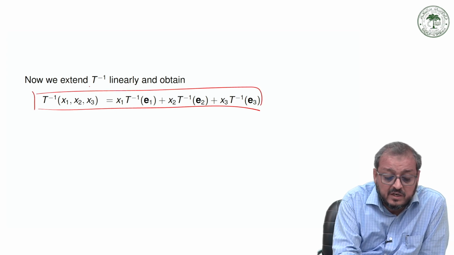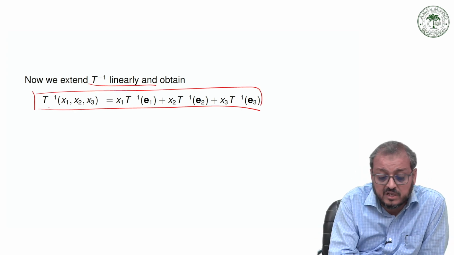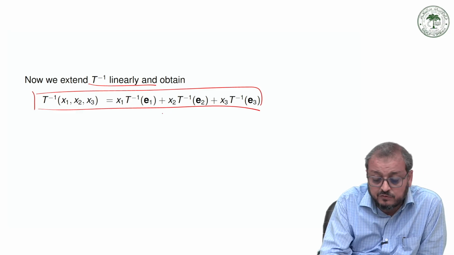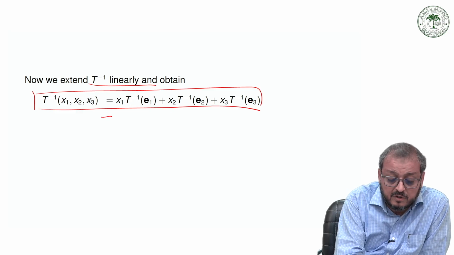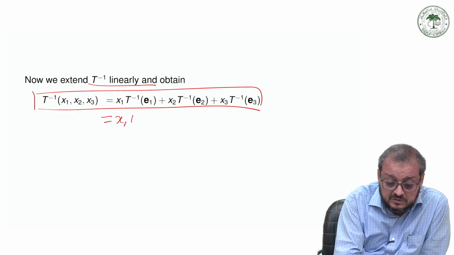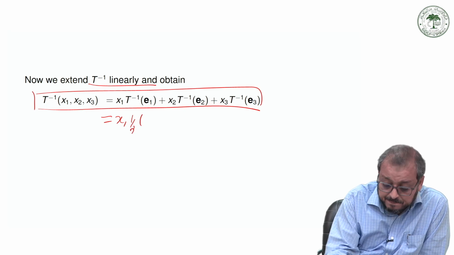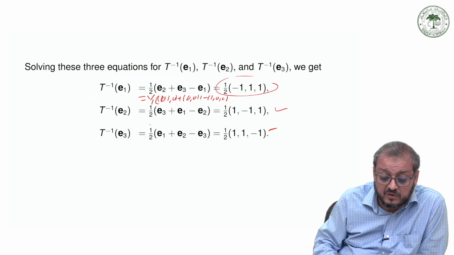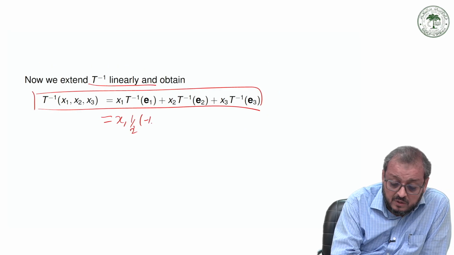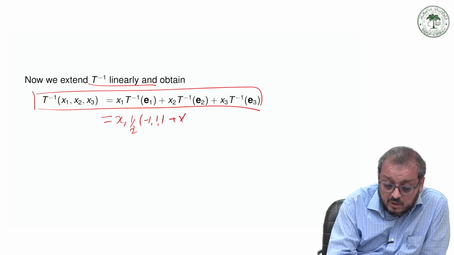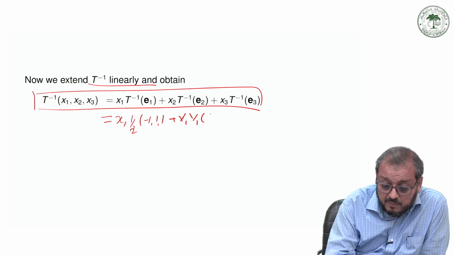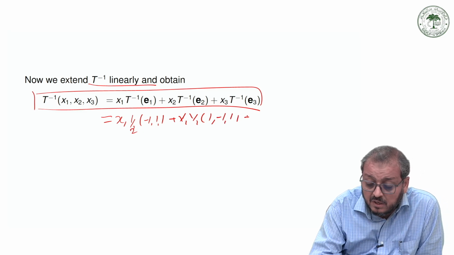T inverse is linear, and T inverse of (x1, x2, x3) can be written in this form. Now substitute the value for x1. We have T inverse equal to 1 by 2 times (minus 1 1 1), plus x2 times 1 by 2 (1 minus 1 1), plus 1 by 2 x3 times (1 1 minus 1).